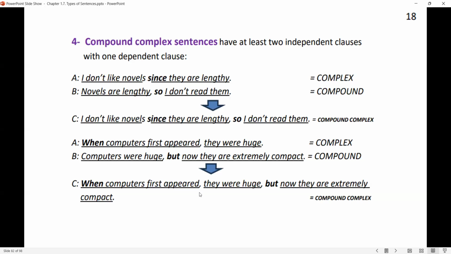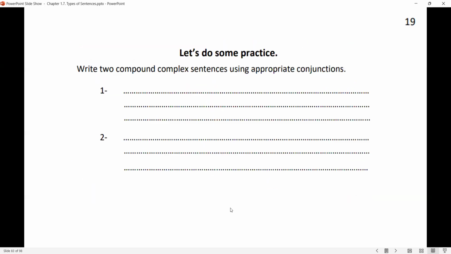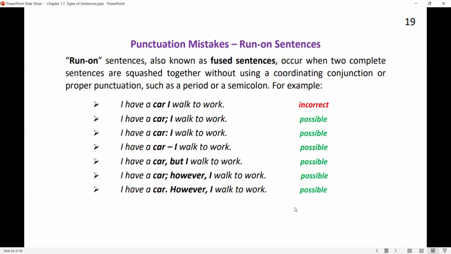When computers first appeared, they were huge, but now they are extremely compact. So you just made one sentence out of these 2. That is a compound complex sentence. And here on page 19, you are going to make 2 compound complex sentences using appropriate conjunctions. Please do so, and I will check your sentences the next lesson that we have together.